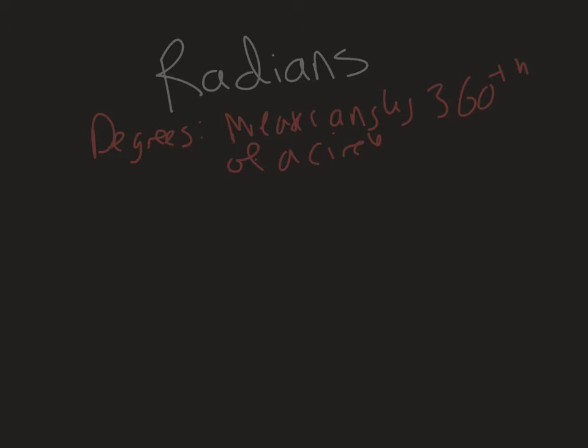So radians are another way of measuring angles. And I like to think about it as radians are essentially the metric version of degrees.